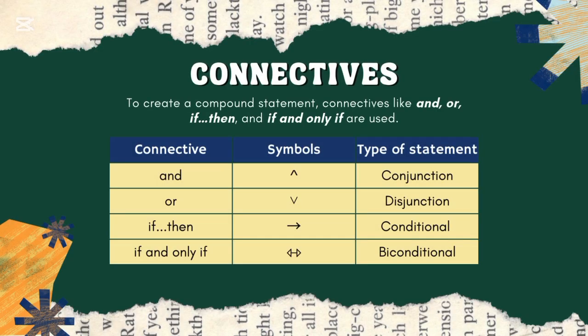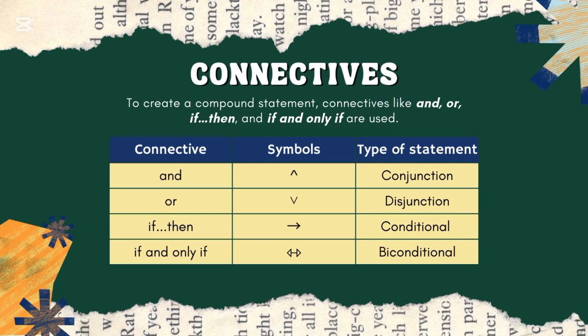Connectives. To create a compound statement, connectives like and, or, if then, and if and only if are used. As we see in this table, we have the connectives, its symbols, and the type of statement. In our connective and, the type of statement is conjunction.